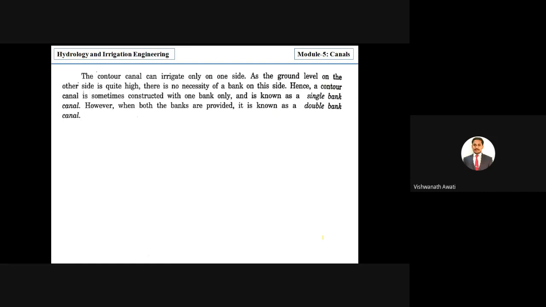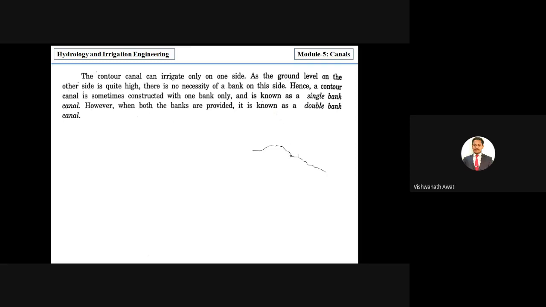Now we have to understand which one is a double bank canal and which is a single bank canal. Why is it only a single bank construction? If it is a terrain like this, a sloping terrain, we can provide a canal here, but on one side there is a natural barrier.